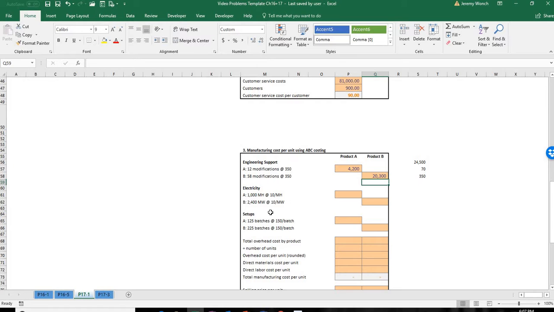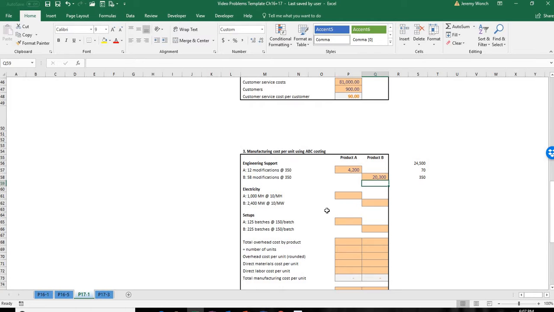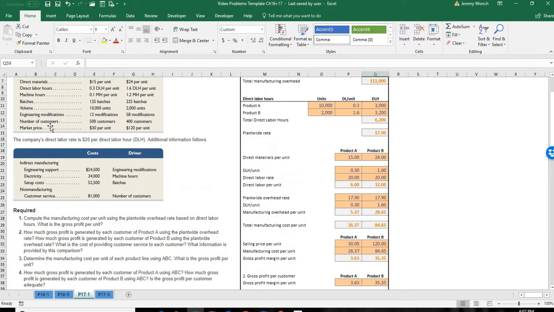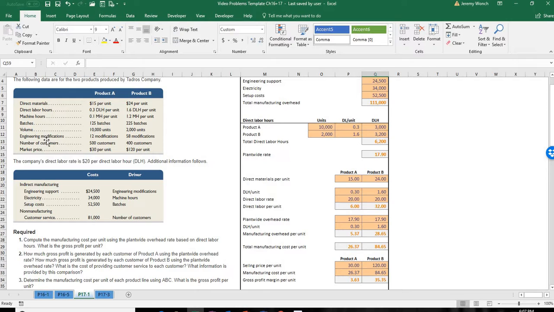So for electricity, that tells us up here, let's see. What drives the electricity is machine hours. Now before, in our plant-wide rate, we were essentially allocating our electricity costs based on direct labor.